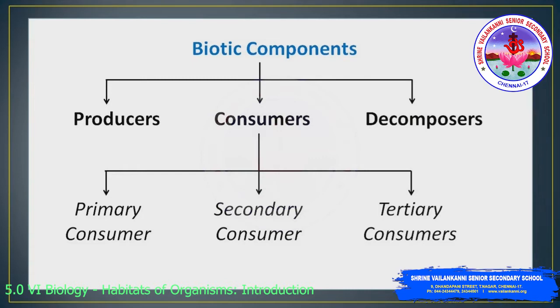The biotic components are classified into producers, consumers and decomposers, of which the consumers are further classified into primary consumer, secondary consumer and tertiary consumer.